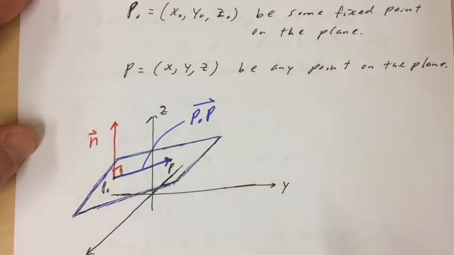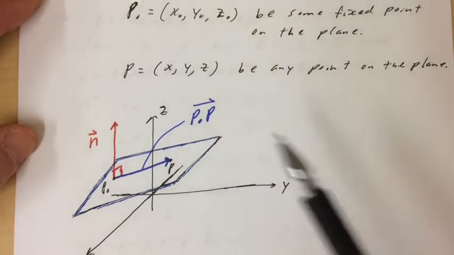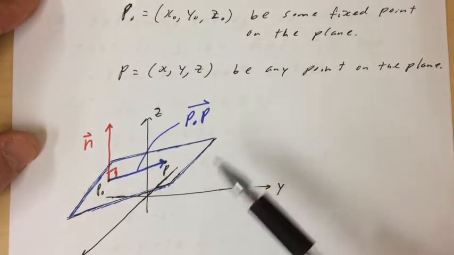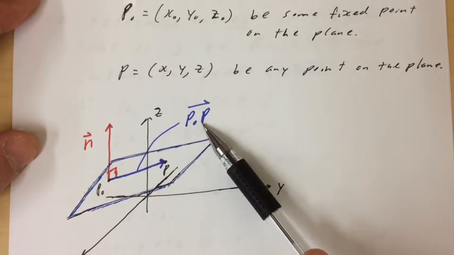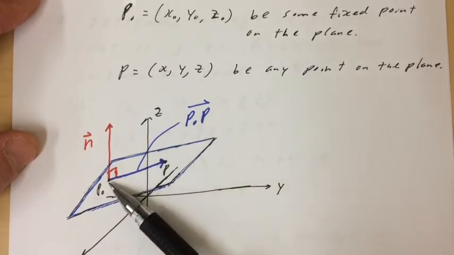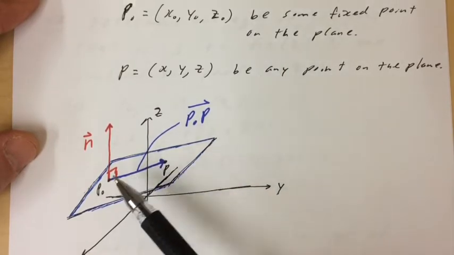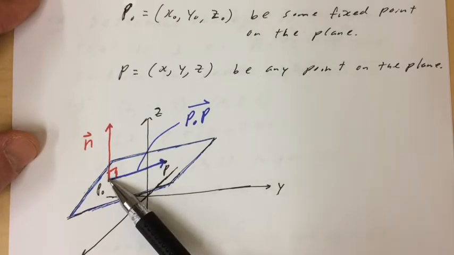From this, hopefully you can see that we're going to use the same strategy that we used when we got the Cartesian equation of a line. P naught P is a vector from P naught to a point on the plane, and this vector, because it's on the plane, is going to be perpendicular to the normal vector.